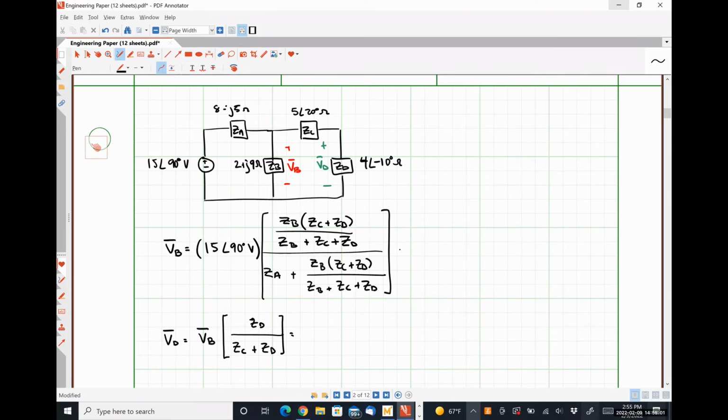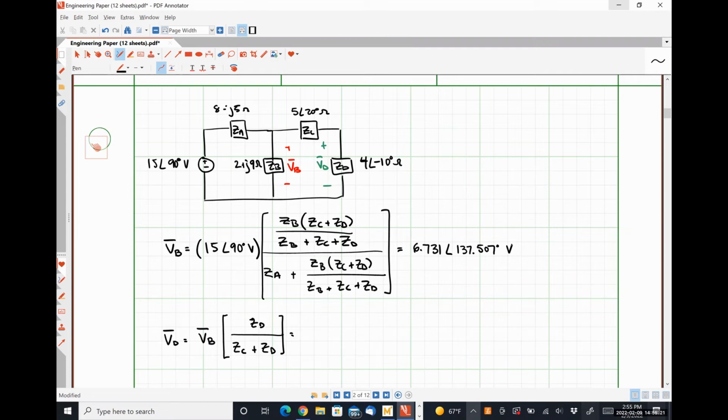So for VB, I get 6.731 with an angle of 137.507 degrees volts.